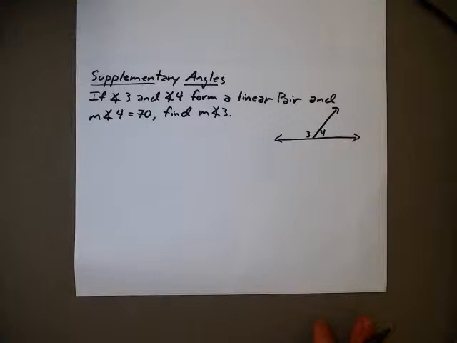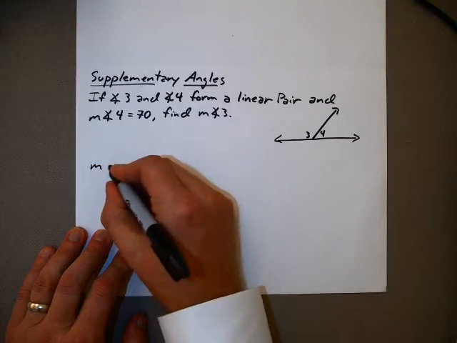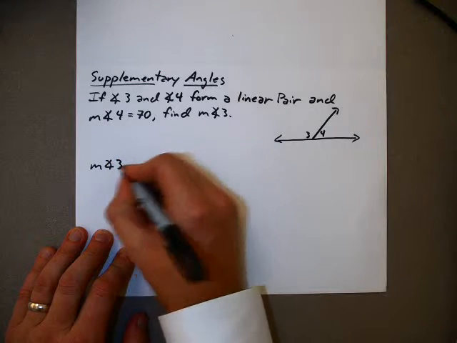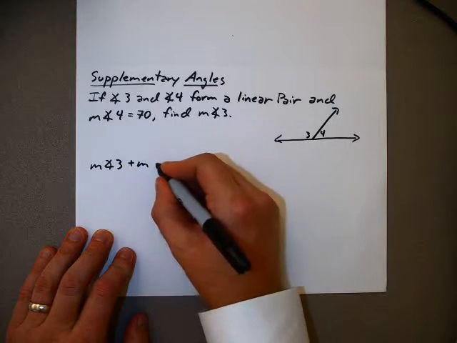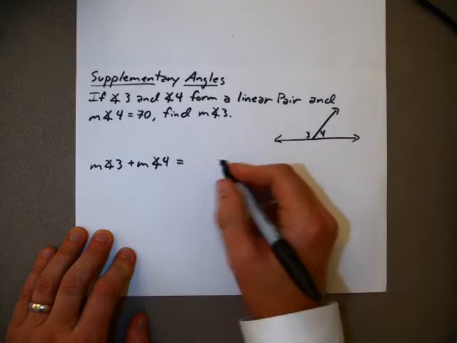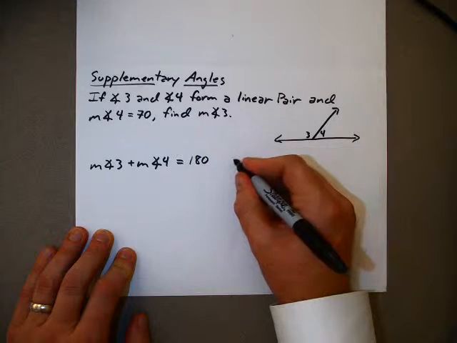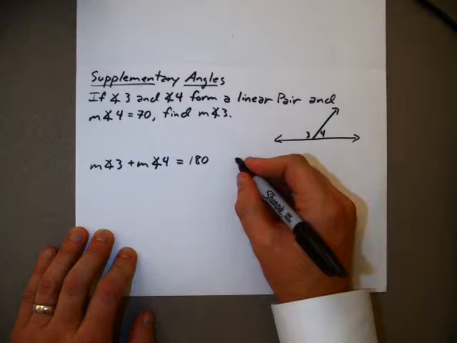So first thing we know is that a linear pair, of course, are supplementary angles. So I'm going to write down the measure of angle 3 plus the measure of angle 4 equals, they're supplementary, so that is 180 degrees.